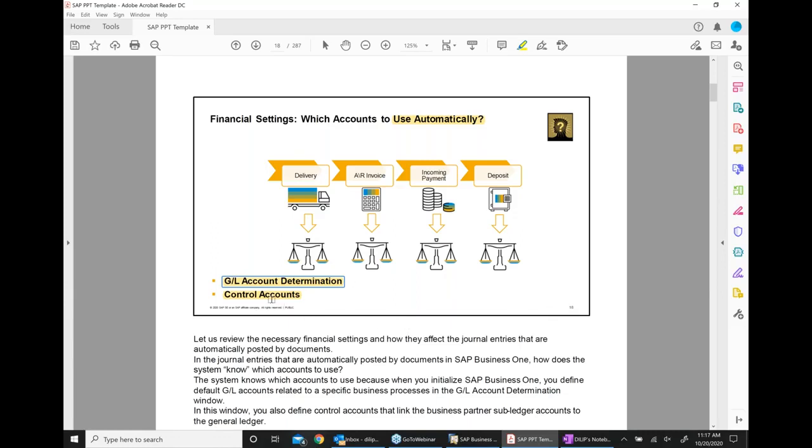There is also a process of control account. So there is something called GL account determination, and then there is a process that is called control account.